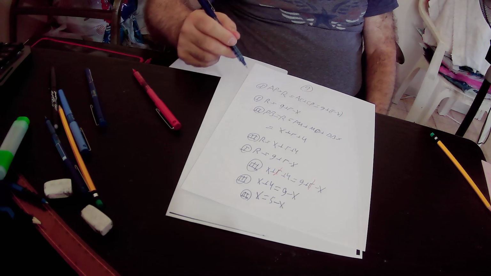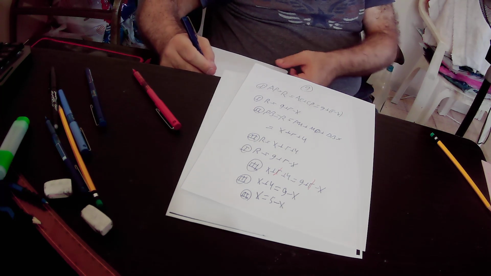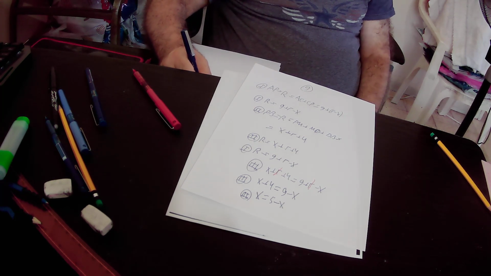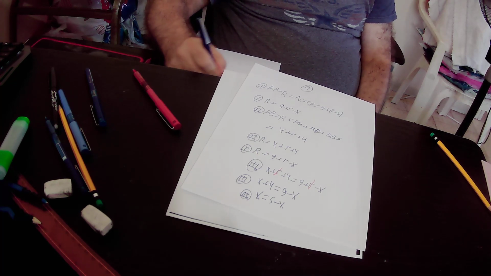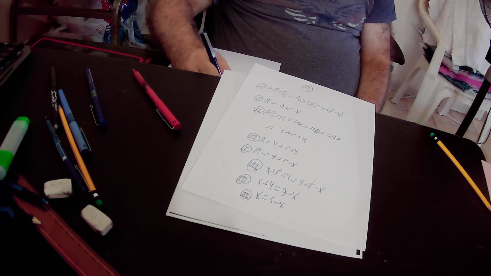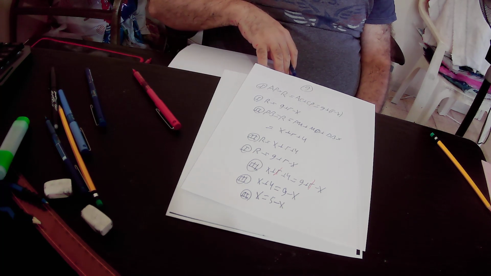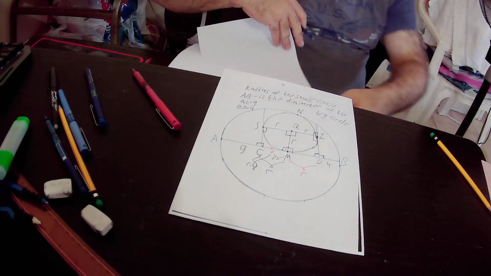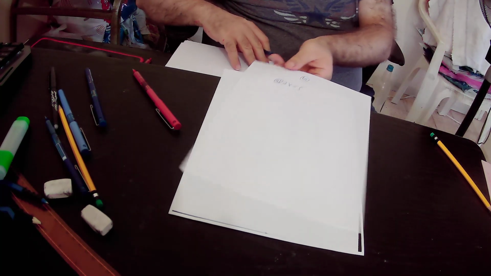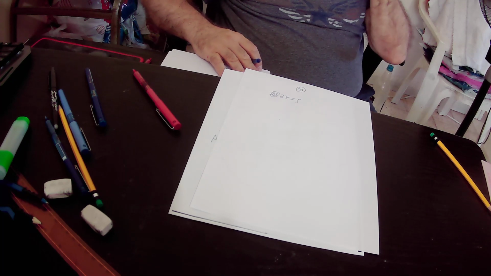Here we will add x to this equation number 3, and we will get that 2 times x equals 5. Okay, we got that 2 times x equals 5.